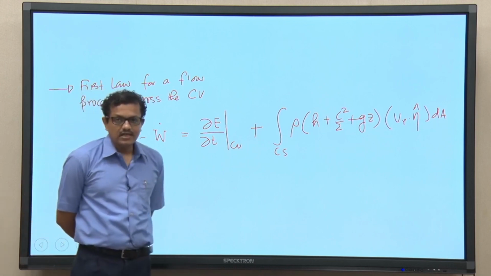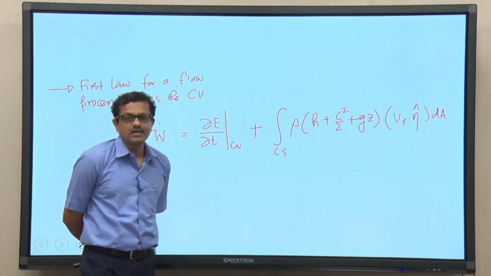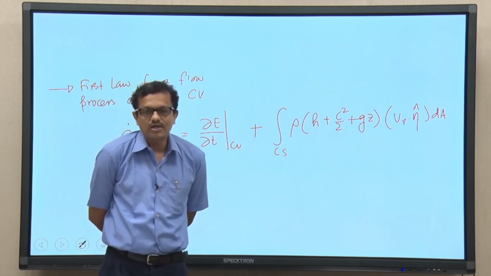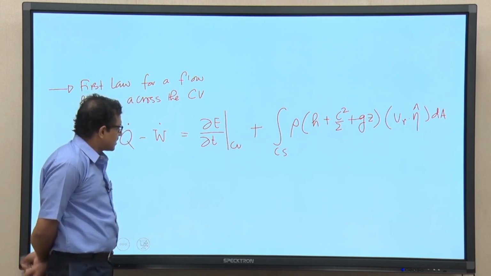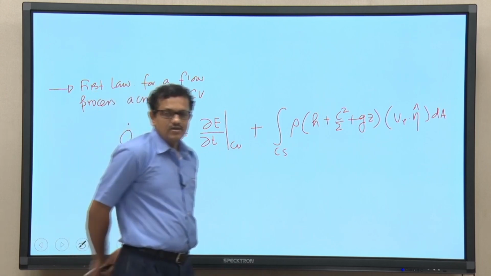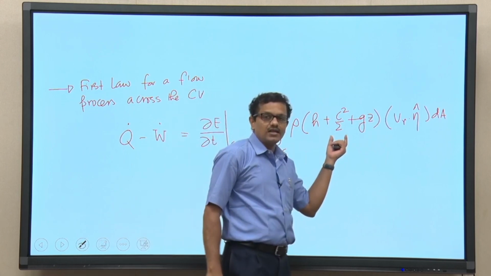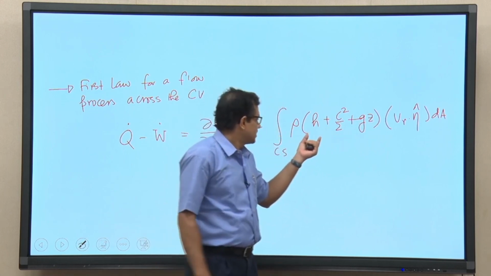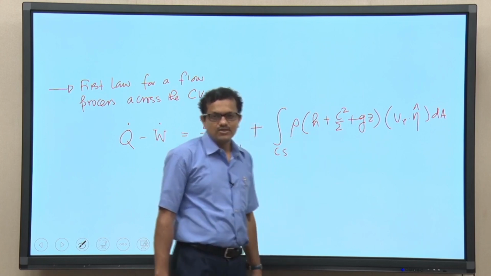Today we shall discuss whether this equation can be applied to a special process, the steady state steady flow process, and what the mathematical form of this equation will be. To arrive here we took one important assumption: the properties remain invariant over the cross section through which flow is occurring.